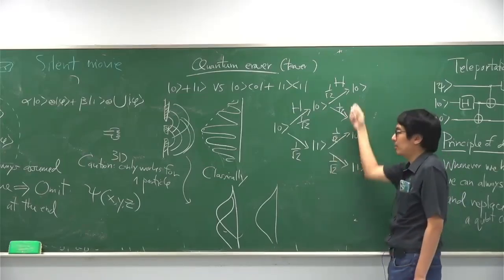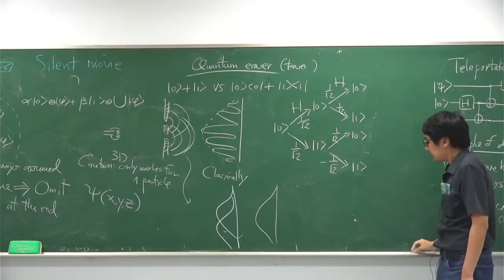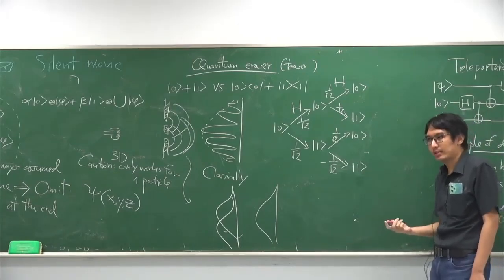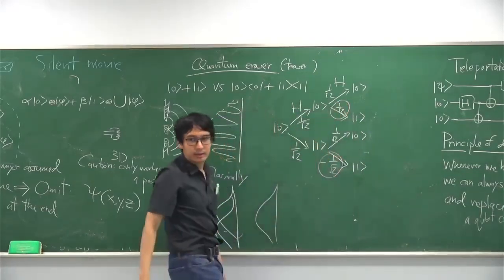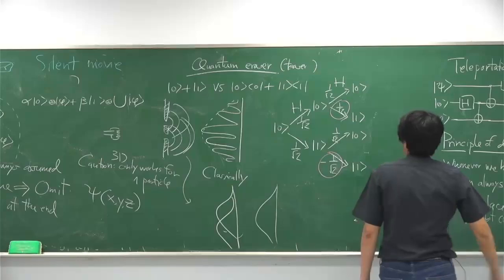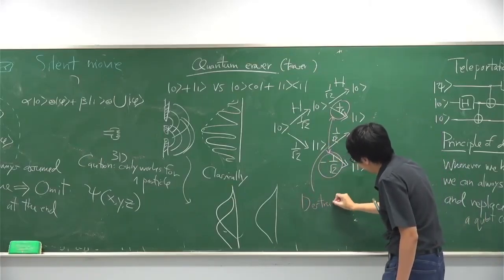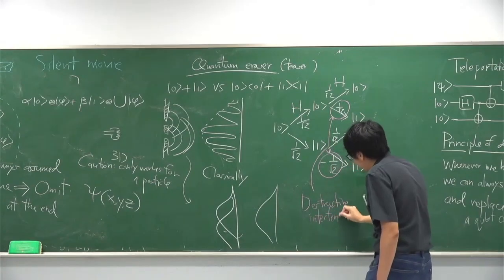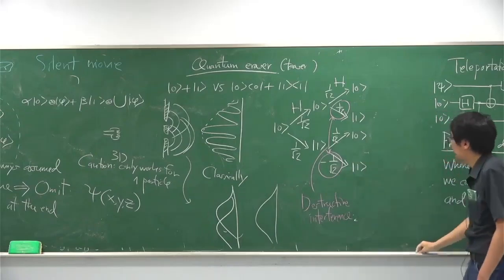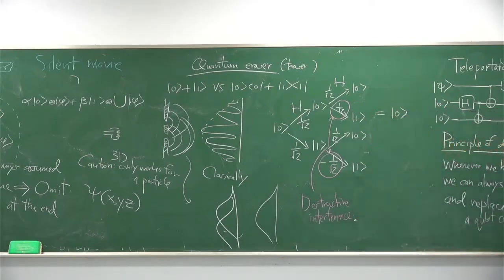And the way the Hadamard works, I have a minus sign over here, right? And then interference is that this and this cancel. So this is destructive interference. So the whole thing just goes back to the state 0 again.